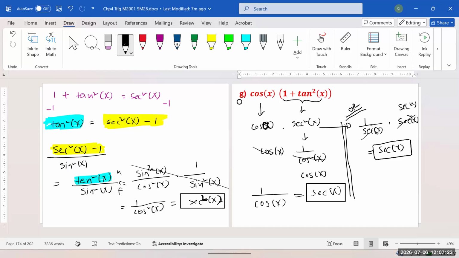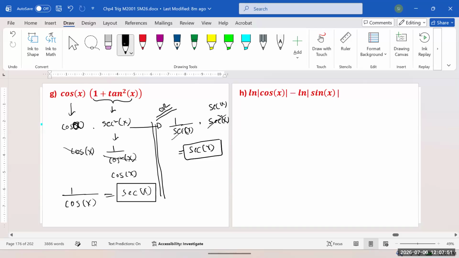So you can simplify in many different ways. Or if you want, you can convert tangent square to sine square plus cosine square. Find the LCD. The numerator will be sine square plus cosine square plus sine square, which is 1. And you have denominator cosine square. You can cancel them.